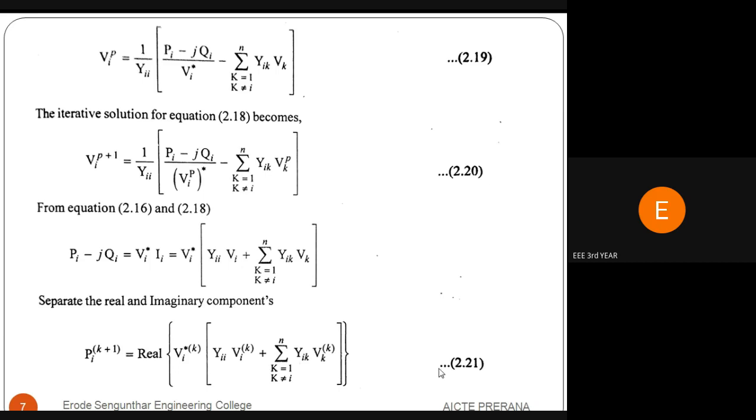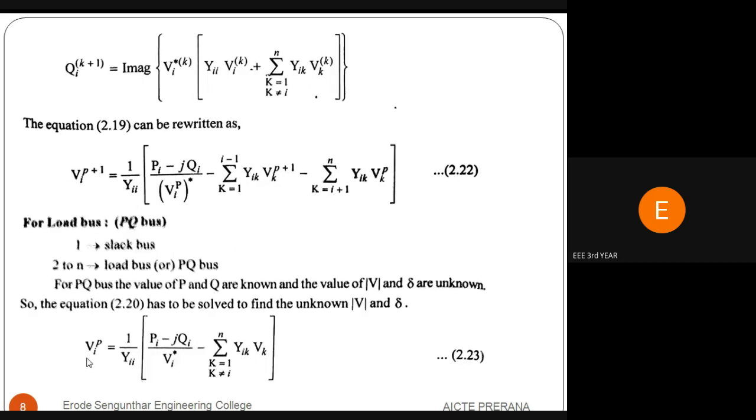We consider this as equation 1, and this is the real part. We have to separate the imaginary part. Same thing, instead of P we are using Q. So Qi(k+1) is equal to the imaginary part of Vi conjugate(k) times Yii Vi(k) plus summation of k equal to 1, k not equal to i, to n Yik Vk conjugate.